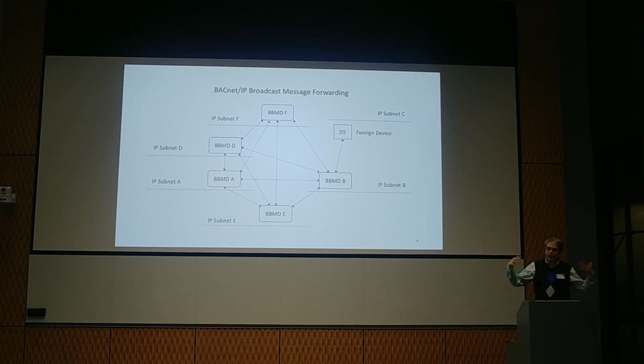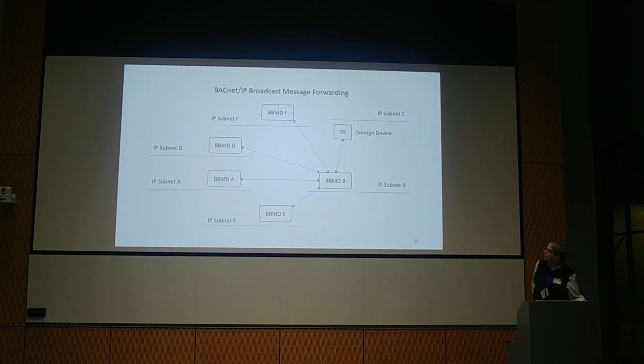As this gets bigger and bigger, if every device here sees every broadcast message, we can run into some trouble. So one thing that we did in BACnet IP was to allow you to configure the BBMDs in a different kind of way, so that you could better manage the broadcast traffic in your system.